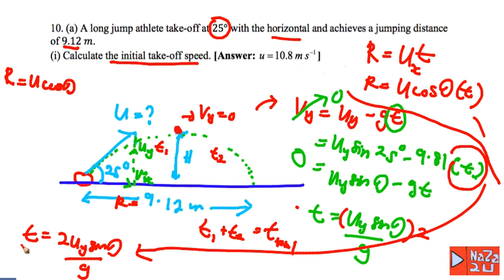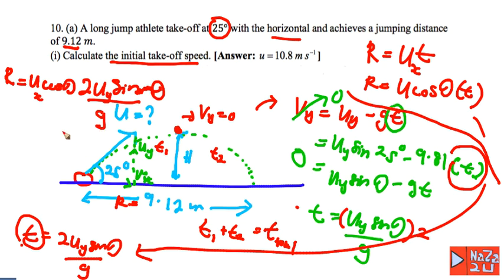Here t is equal to 2u sine theta divided by g.